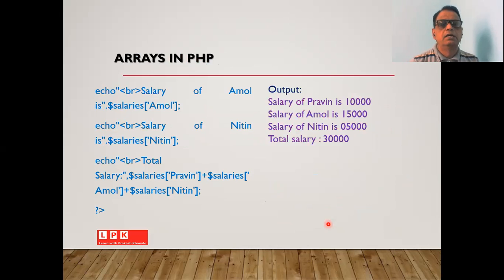In this way we can display the salary of Amol and the salary of Nitin, and then compute the total salaries by using dollar salaries Praveen plus dollar salaries Amol plus dollar salaries Nitin. When you run this code in the proper PHP environment, at the output you will get the display: salary of Praveen is 10,000, salary of Amol is 15,000, salary of Nitin is 5,000, and the total salary is 30,000.